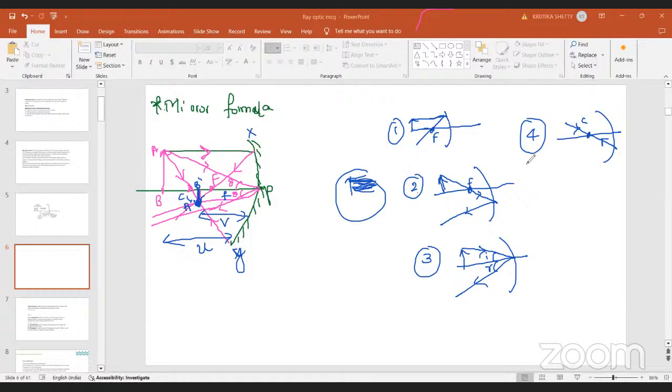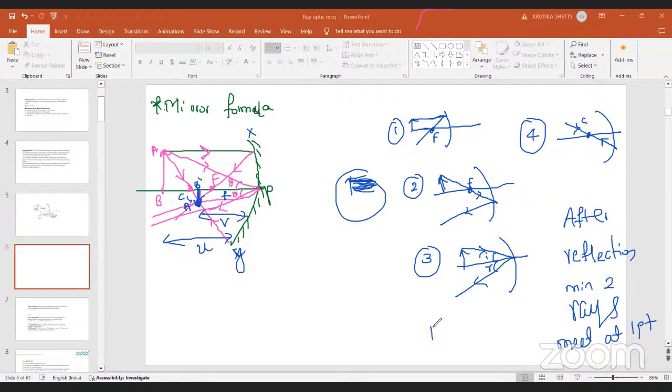So out of the 4, minimum 2 rays after reflection meet at one point. At the point where minimum 2 rays meet, the image formation happens. There we can see the image formation. Understanding, students, where the image formation is there?